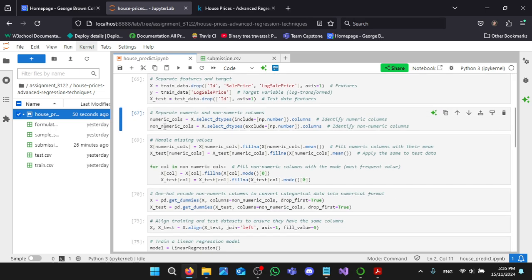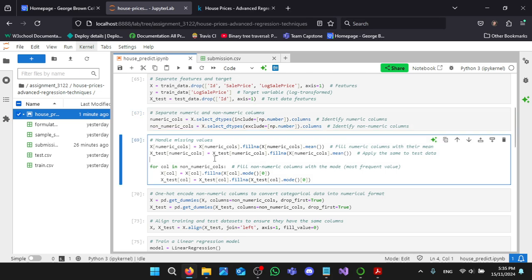I have to separate the non-numerical columns and the numerical columns because this is pretty important: machine learning models mostly only work with numerical columns. If we don't separate them, it's pretty hard for the model to give me the exact output prediction that I want.